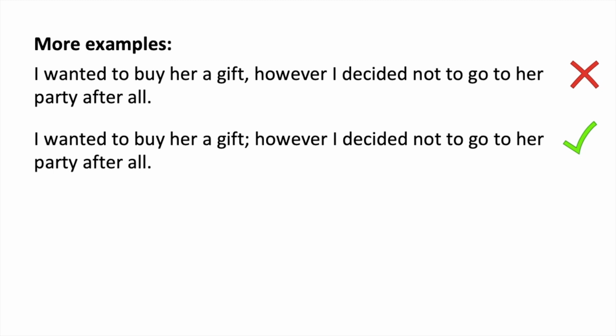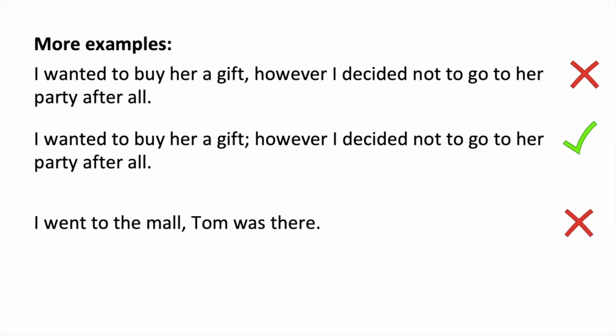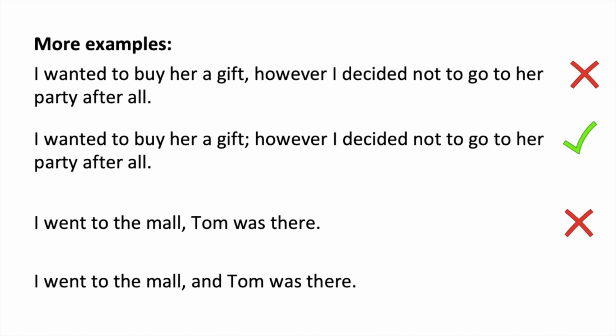This is the correct version. I went to the mall, Tom was there. This is incorrect. I went to the mall and Tom was there. This is the correct version. We can use a conjunction to join two independent clauses, but remember, there must be a comma before the conjunction.